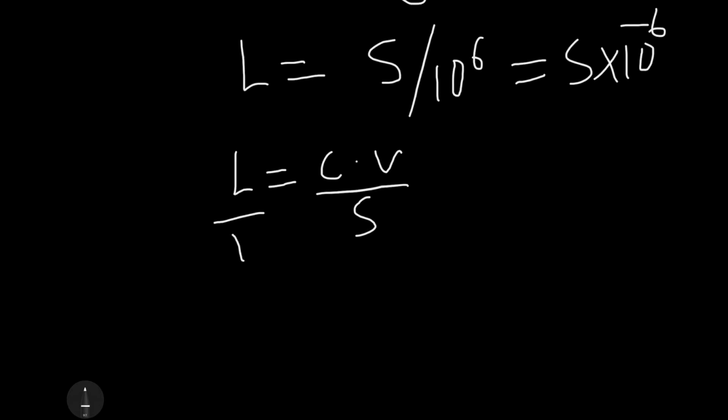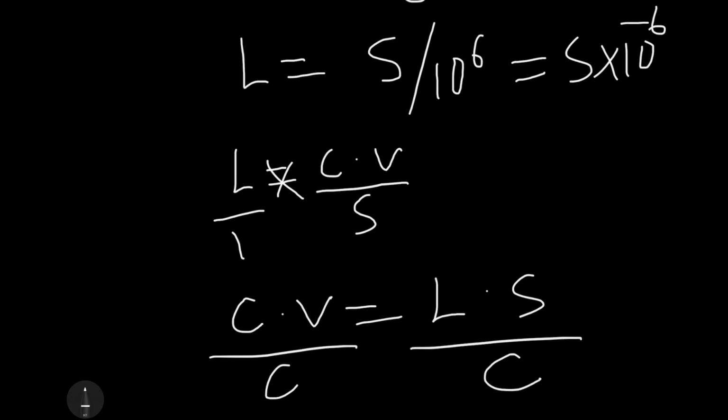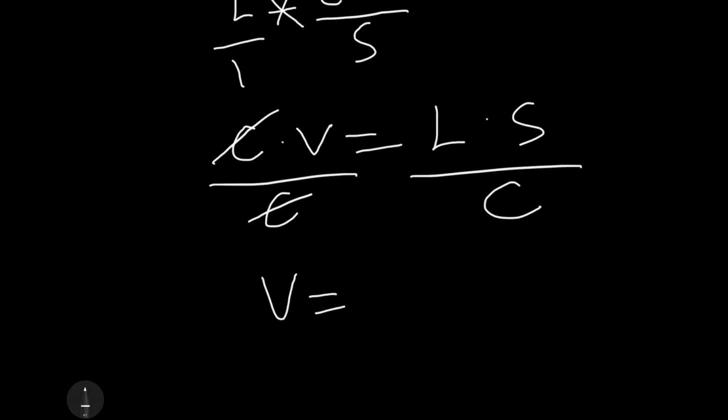So we say over 1, we cross multiply. Concentration times volume is equivalent to limit times the amount of substance being tested. When we divide both sides by concentration, the concentration cancels, and our volume is equal to the limit times the amount of drug being tested, divided by the concentration.